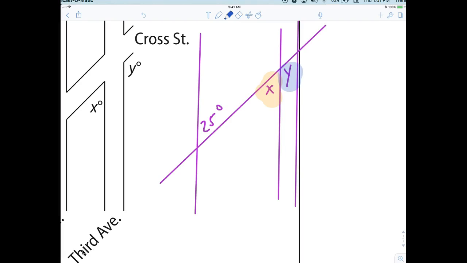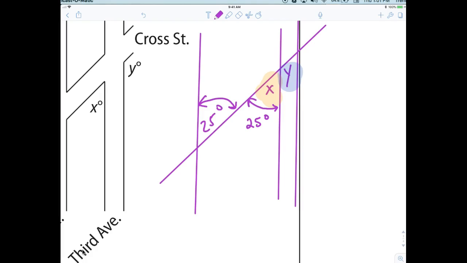Go ahead. Yes, they are supplementary. All right, basically what that means is they add up to 180 degrees. Now this right here is 25 degrees. So what do you think this angle is right here? That's exactly correct. That's 25 degrees.